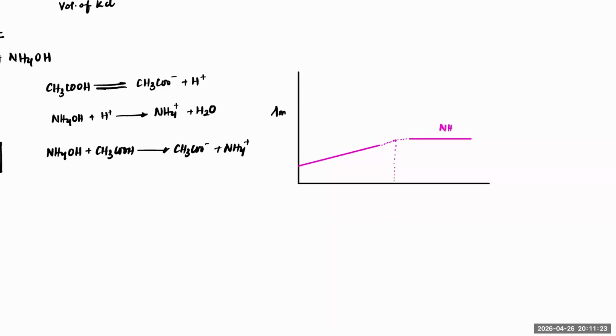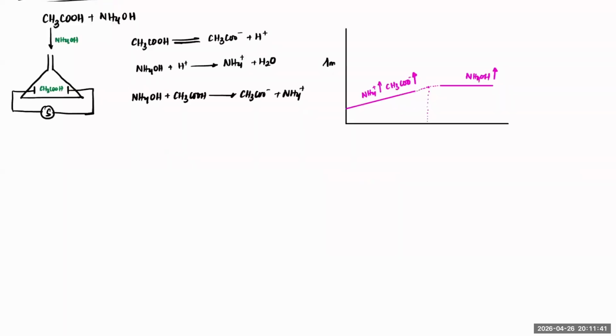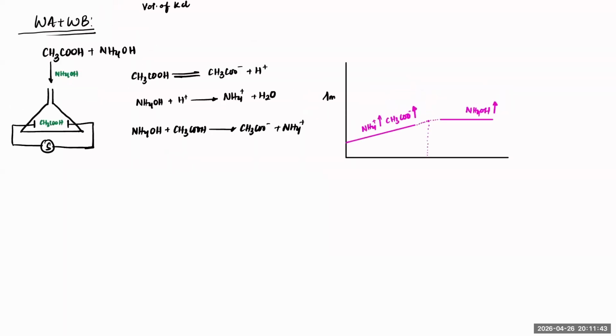So the NH4OH amount is increasing, that is unionized, so it is hardly going to make any difference here. NH4+ concentration is increasing, as well as CH3COO- concentration is also increasing. That's why there is a rise in the lambda m value. This is about the weak acid and weak base case. Everyone understood?